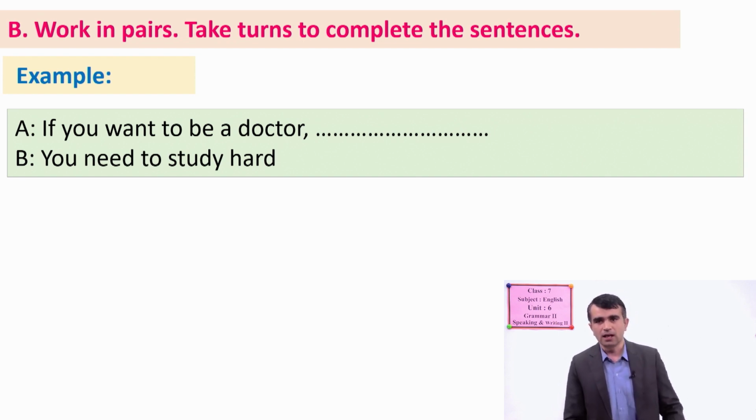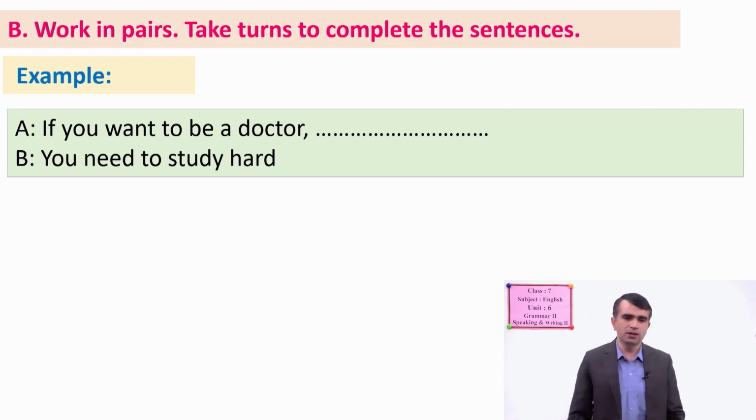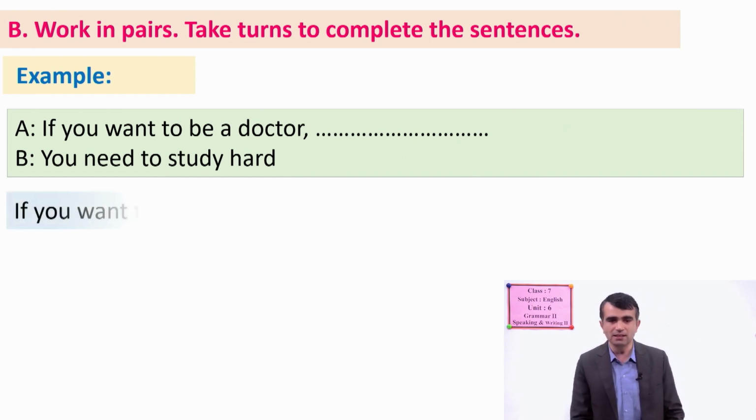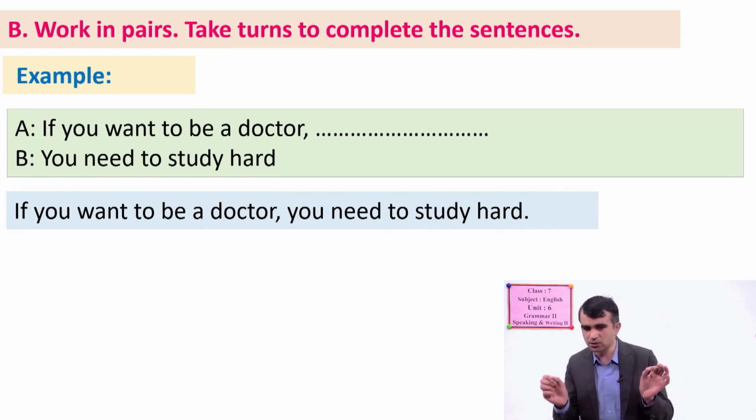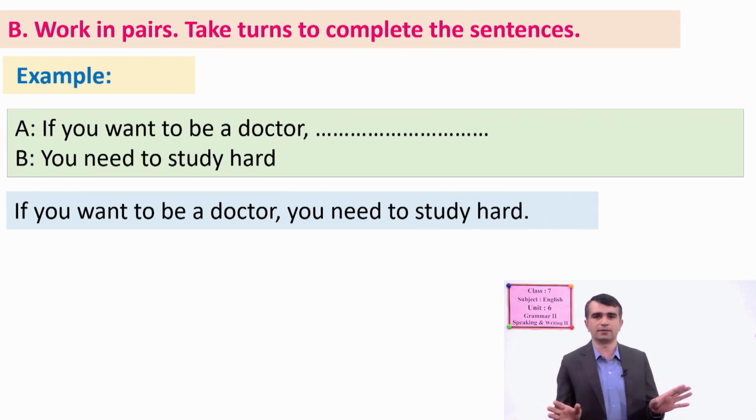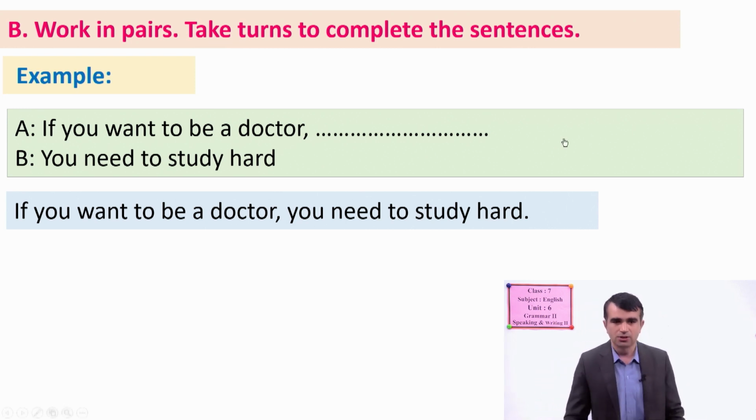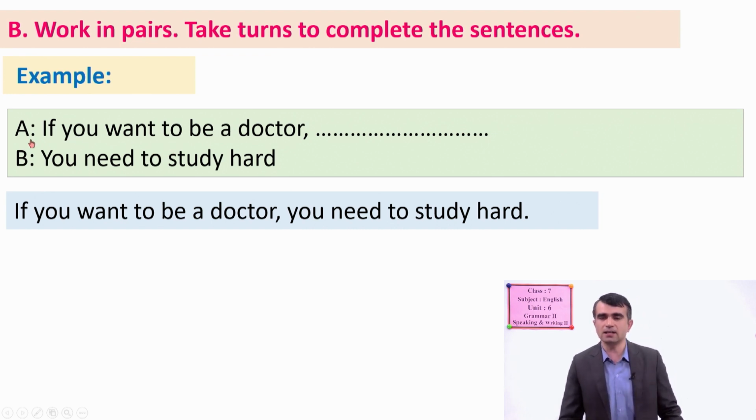So this becomes a sentence: if you want to be a doctor, you need to study hard. The first part, A initiates, A sets the condition, and B completes the sentence.